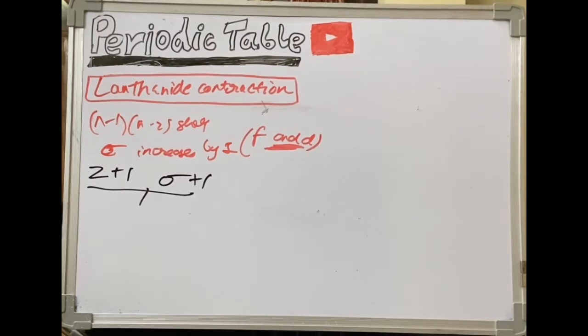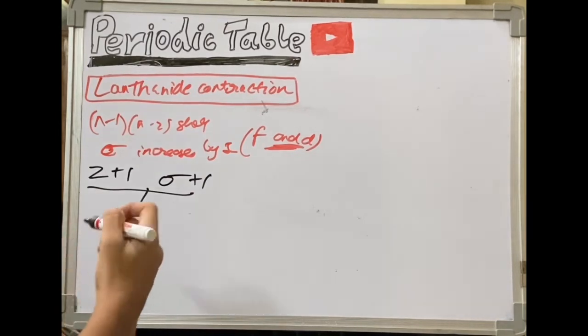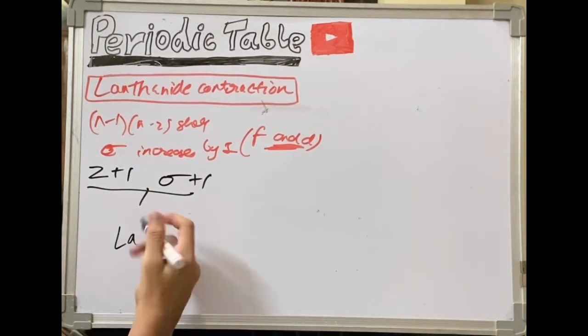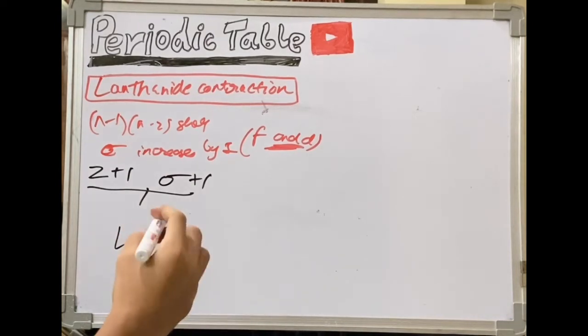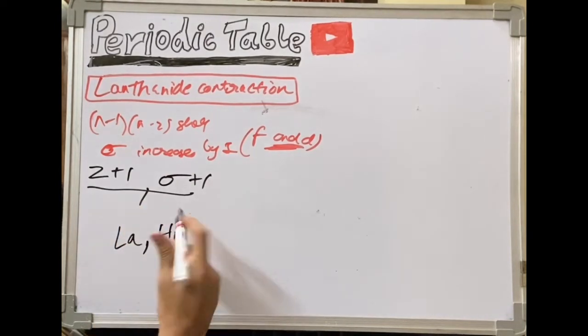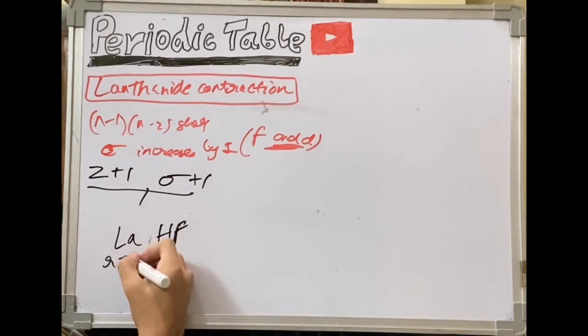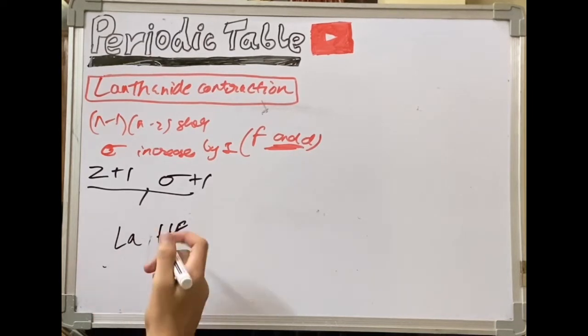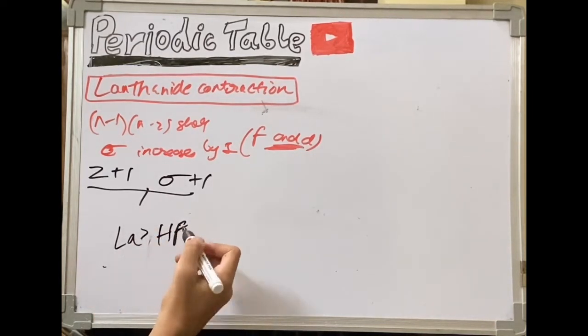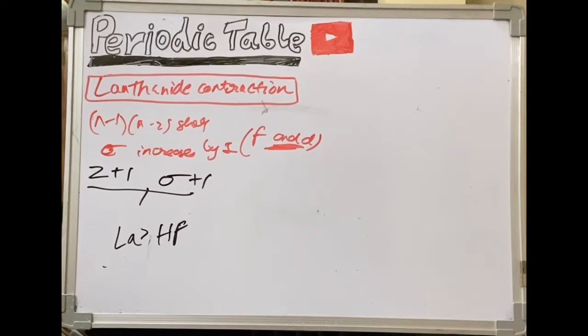So there is a very small decrement, but it's consistent through all the 14 elements. So if it's from La and then there is hafnium, the radius of La will be a lot more than Hf, because of the contraction in the lanthanide series, and the same will be for actinides as well.